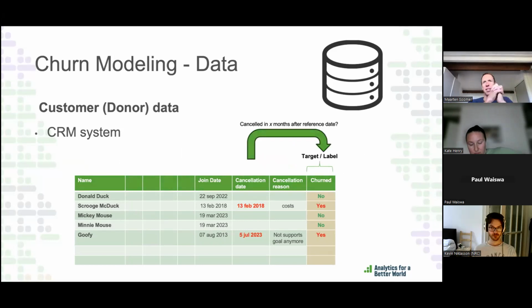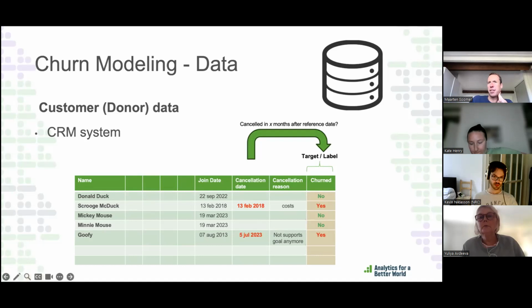And churn is our target variable again. It follows from the cancellation date. Typically in building a train and test set with machine learning, we want to take some reference date in the past to be able to build a train set and say everybody who churns before that date we consider as churned for the model, and everybody who didn't churn by that reference date for our model training, it's still a customer.